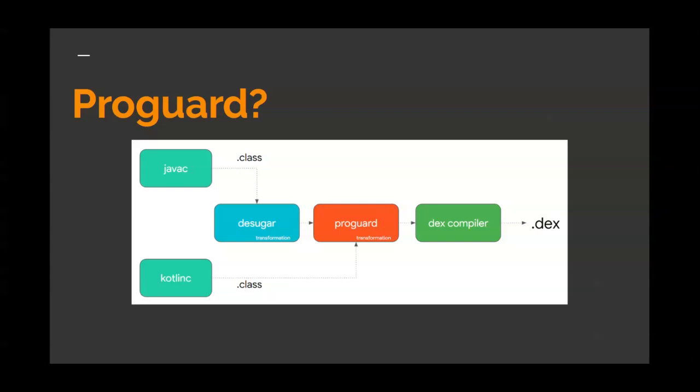And at the last, the DEX compiler finally converts the Java bytecode to Dalvik bytecode. This is a great solution for reducing the size of an application, but there is a problem, which is longer build times.